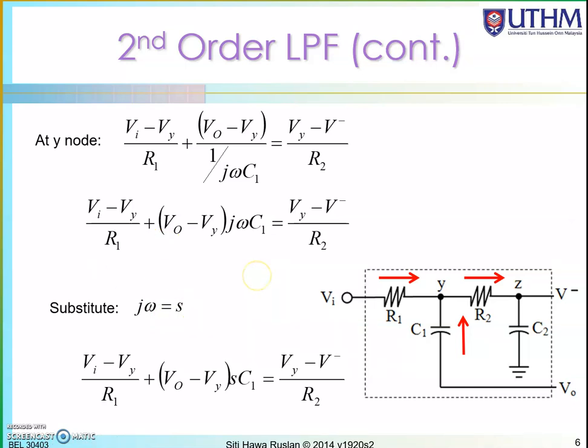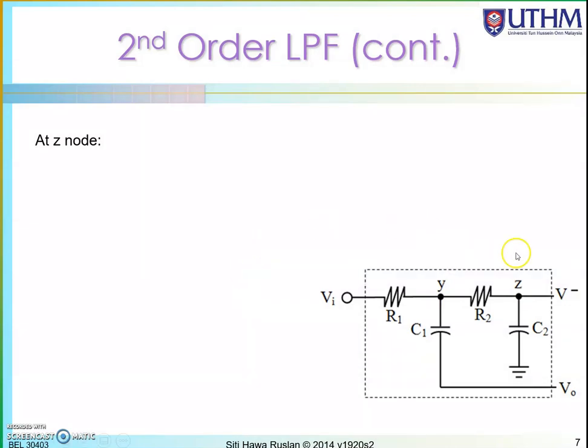Okay, so we move on to the second node, which is the Z node over here, which is simply V minus. So I have this current flowing from node Y to Z, so it will be Vy minus V minus divided by R2 over here, and there is another current flowing from node Z to the 0, so it will be V minus divided by 1 over j omega C. This is actually V minus subtract 0, because it is a ground over here, so I didn't write it.